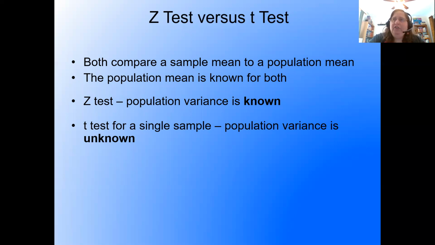So as long as I know some form of sigma, we're going to be looking at that z-test that we were looking at last time. And if I don't know a form of sigma, but I am still comparing a sample mean to a population mean, and I know the mu, then I'm looking at a t-test for a single sample. Okay, so that's how we differentiate the two.